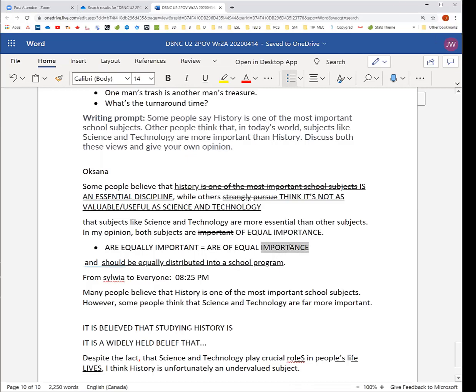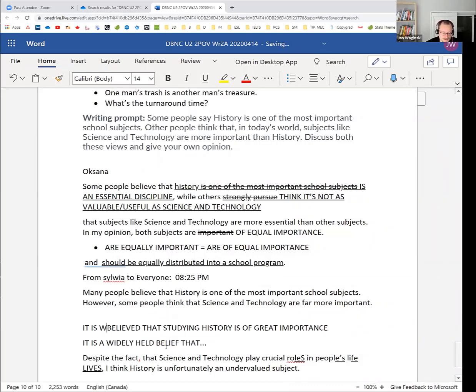To change important for importance. Of equal importance. Right, but it's not equal, right? Here you're saying is of great importance. And we can put it is widely believed that studying history is of great importance.